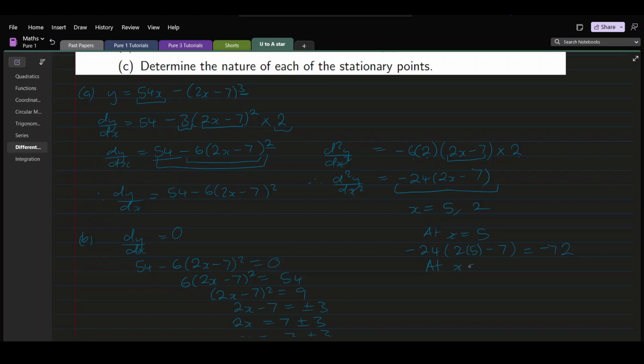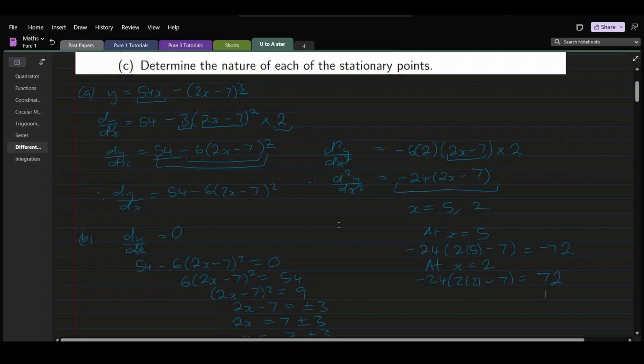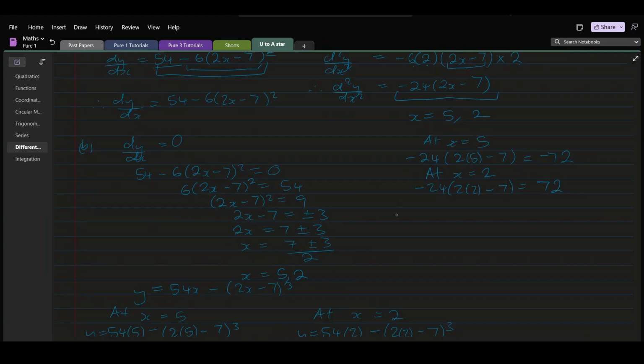Then at x is equal to 2, that's negative 24 times 2 times 2 minus 7, let's punch that into the calculator. You get positive 72. So this would be a minimum point. So we could conclude that at x equals 5, d squared y dx squared is less than 0.